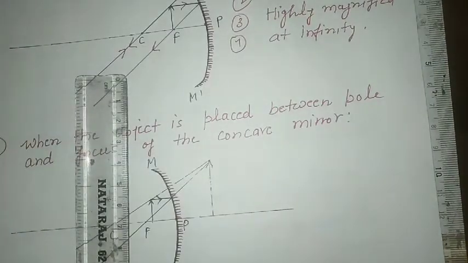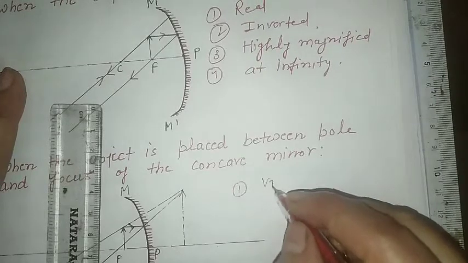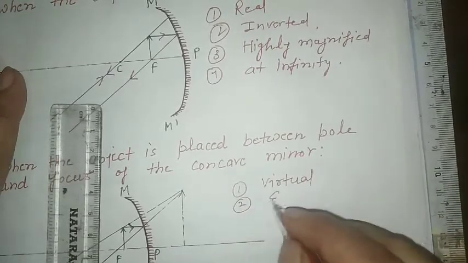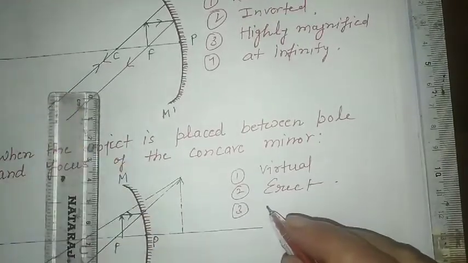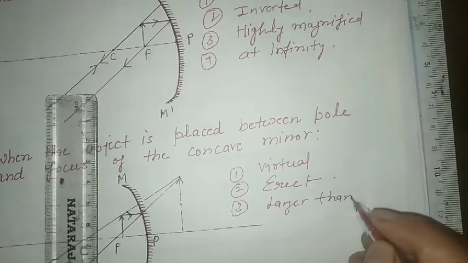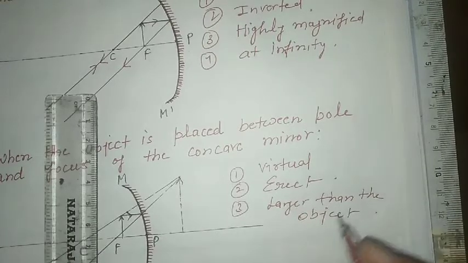This is the single case of the concave mirror when the image is virtual, erect, सीधी खड़ी है, magnified, meaning larger than the object, and where is it formed?